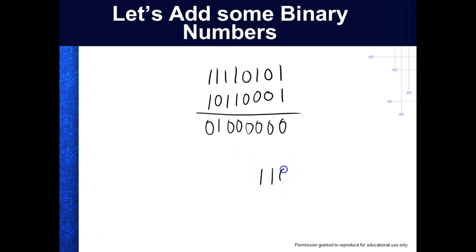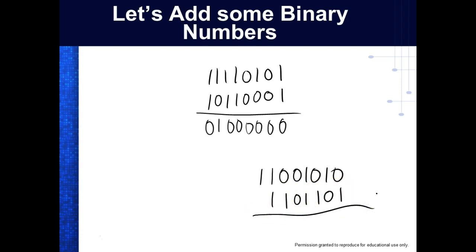So let's come up with one that we're going to have a borrow on. I can't subtract 0 or 1 from 0. What am I going to do? I'm going to mark that out. This will turn into a 0.